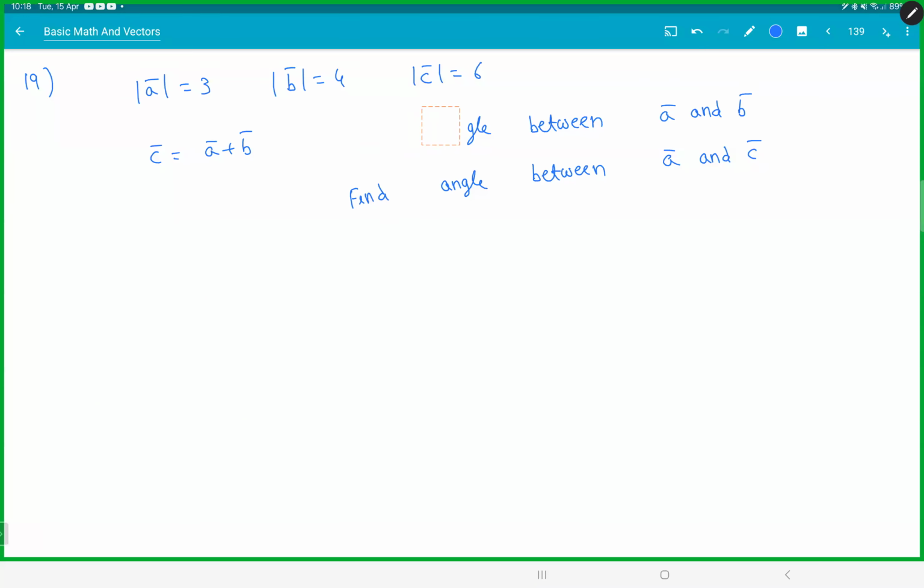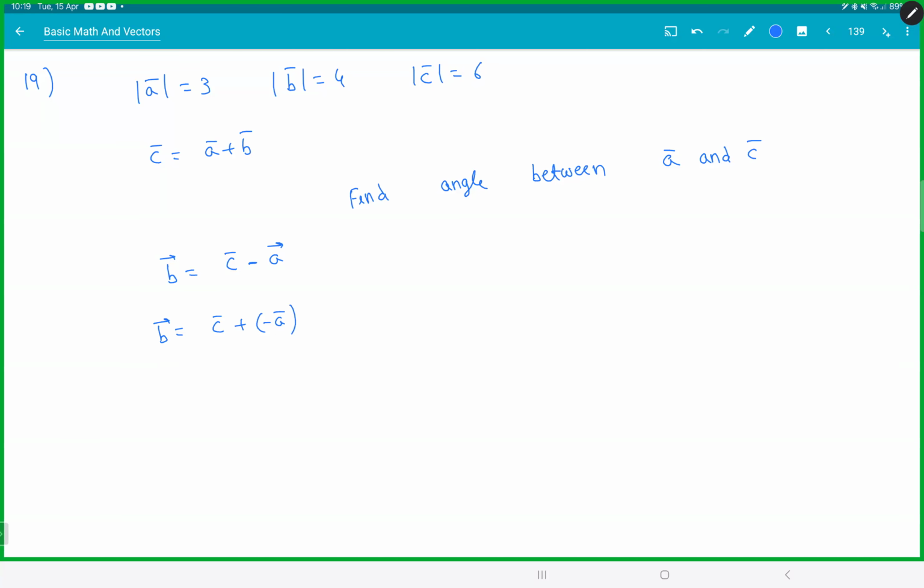So you want the angle between A and C, right? So can I rearrange this like this? B bar is C bar minus A bar. I'll just shift it that side, right? So B bar can be written as C bar plus minus A bar. Is that clear, everyone?